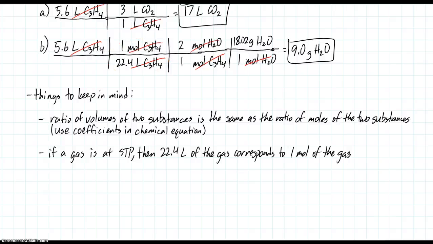And finally, if what we are looking for in the end is a mass, we do need to get into moles first. Just going liters to liters isn't going to help, because without the density of the material being given to us, we can't convert between grams and liters directly.